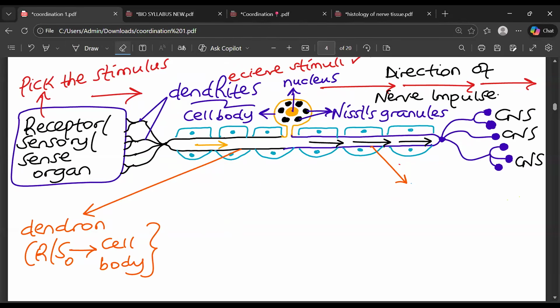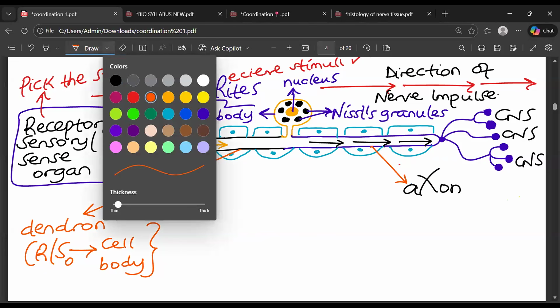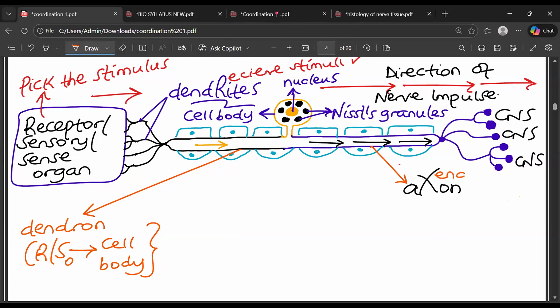That axon is our sender. Dendrites, because of that R, are the receiver, and when they join together, you get the dendron up to the cell body. Then the sender to the CNS is the axon. So you need to be knowing those things.